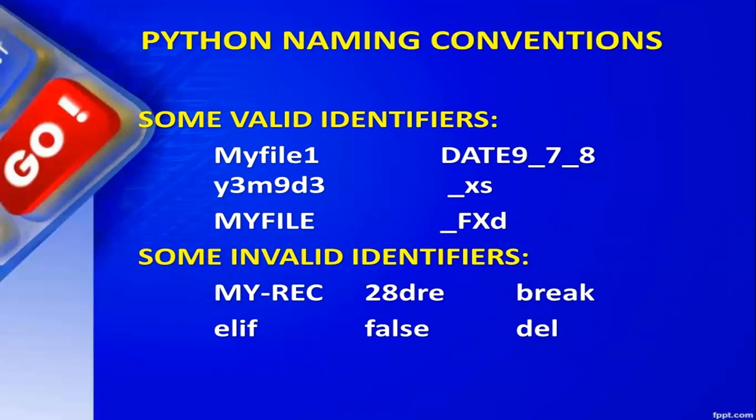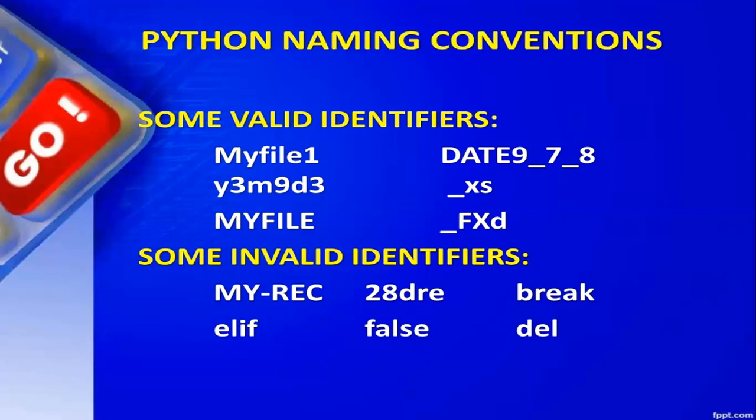Look at the last two. There's an underscore at the beginning. Yes, you are allowed to use an underscore or a letter as the first character, but you cannot use a number. You can use any letter or an underscore.